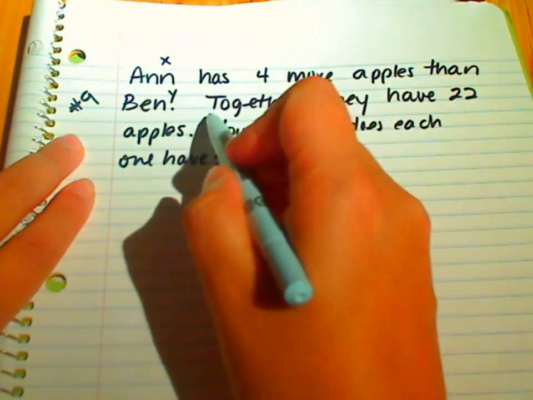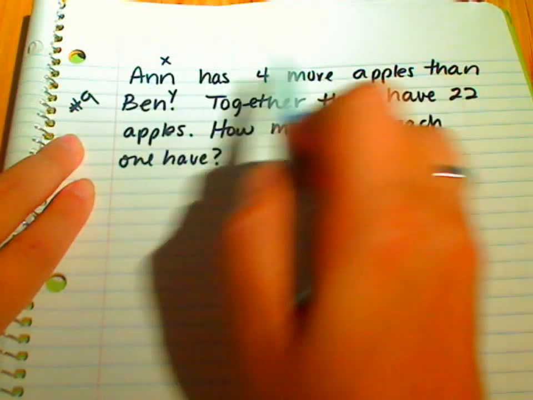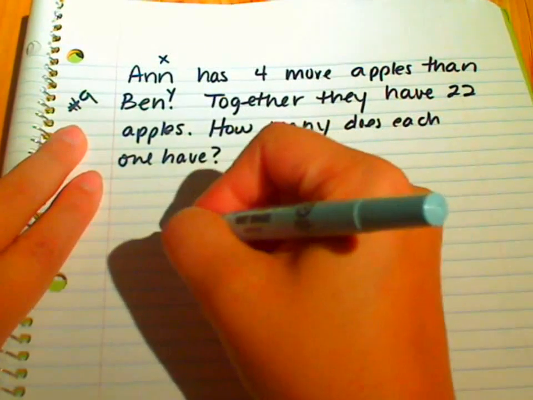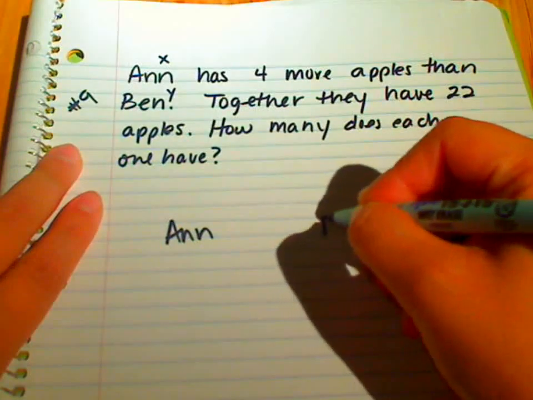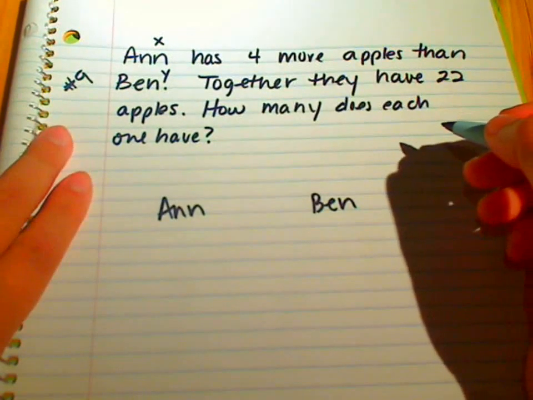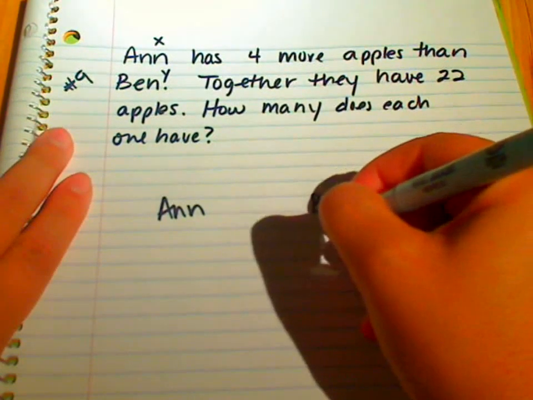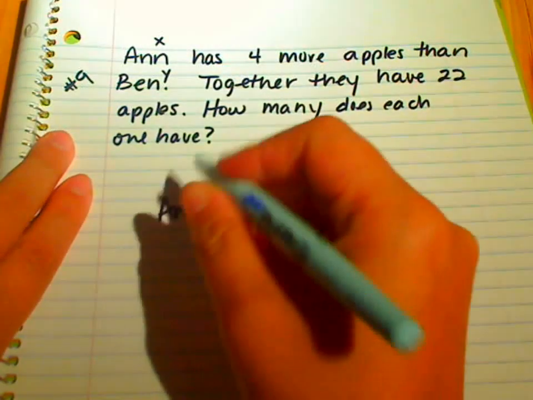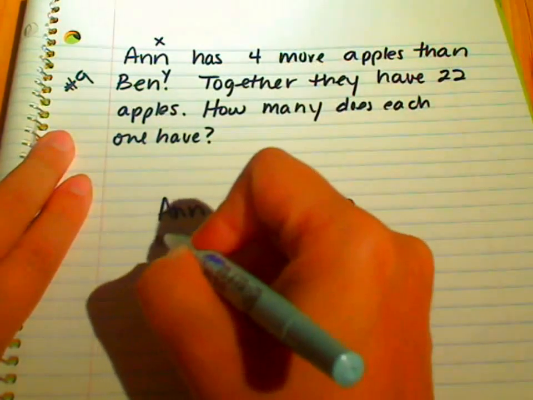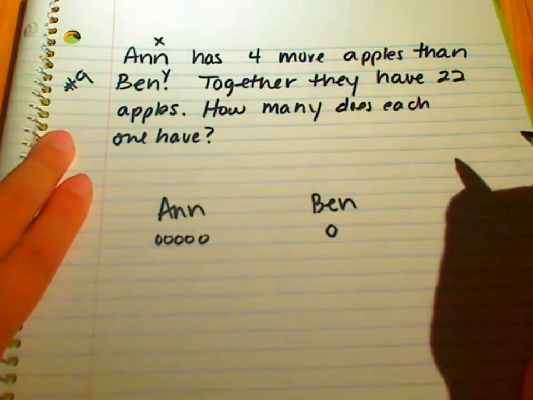First of all, I need to compare Anne and Ben. So if I think about Anne's apples and I think about Ben's apples. If Ben has 1 apple, Anne has 4 more. She would have 1, 2, 3, 4, 5.